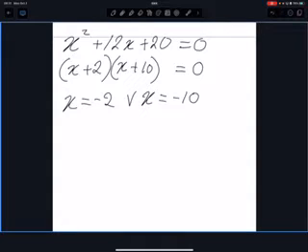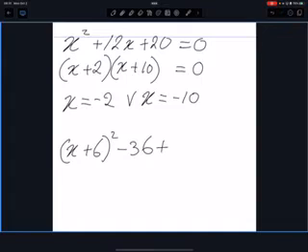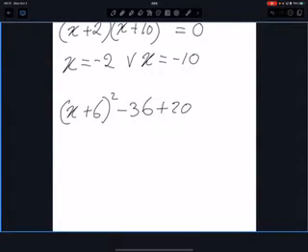Next step, complete the square. What is complete the square? X plus 6 squared. I do not need the 36, so what do I do? Minus 36 at 20. That's what I do. Then what do you get? Minus 16.